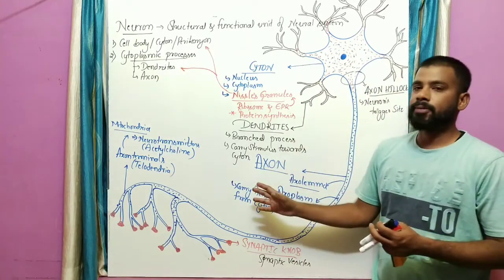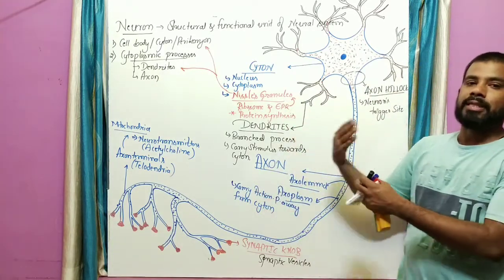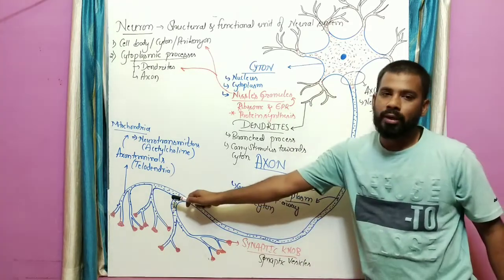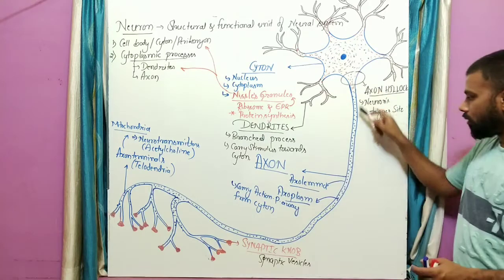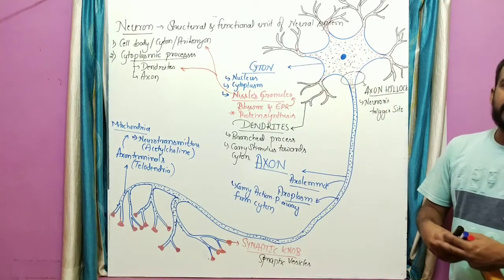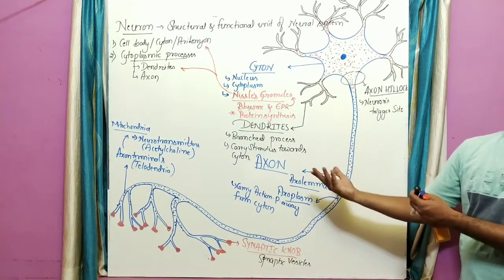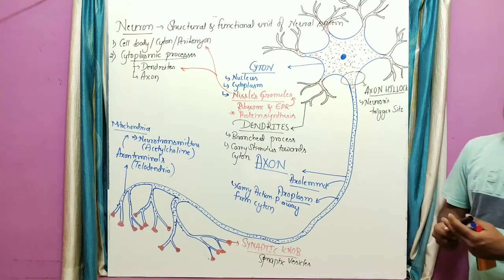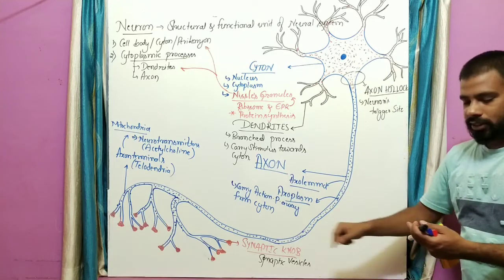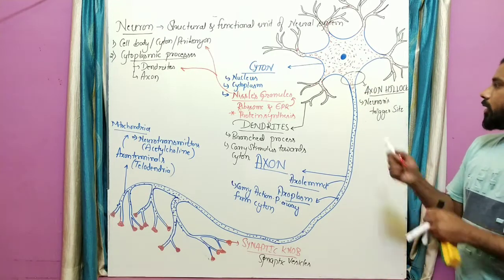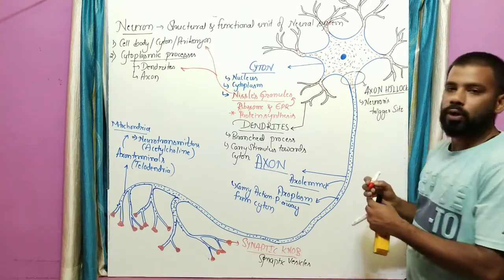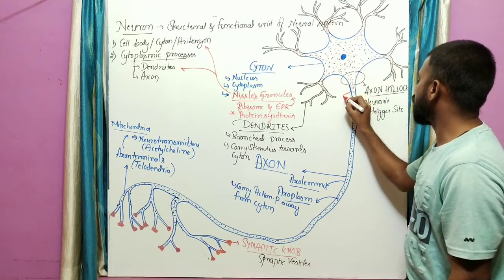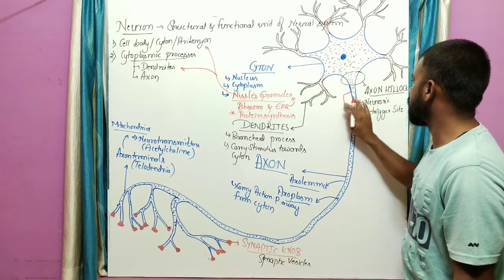But along with this, the neuron is also surrounded by certain specialized cells, especially the axon. The axon is also called the nerve fiber. This axon is surrounded by specialized cells called neuroglial cells. For example, in the peripheral nervous system, the axon is surrounded by specialized neuroglial cells called Schwann cells.